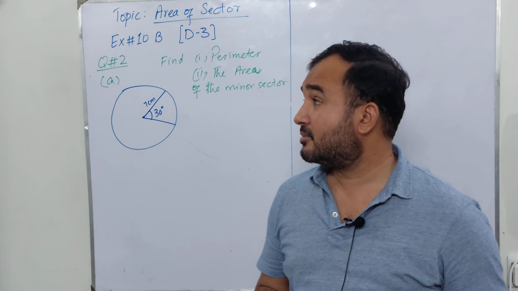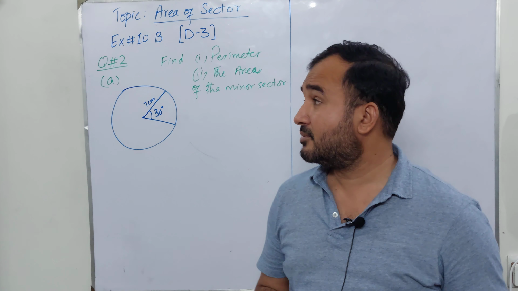When you multiply 100 with 3.14, you will get 314 and divided by 8. 314 divided by 8 is equal to 39.25. So the smaller sector area is 39.25 square centimeter.